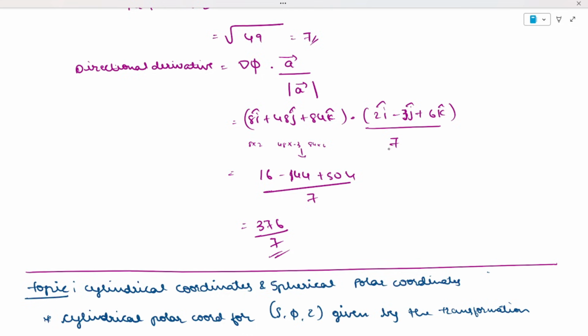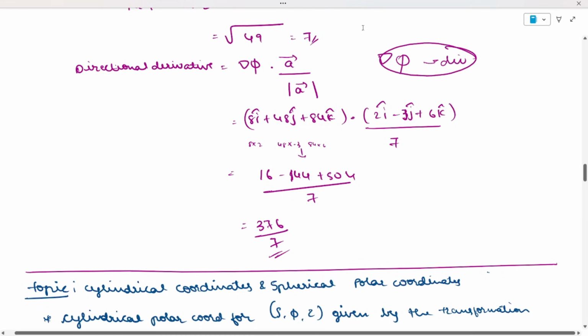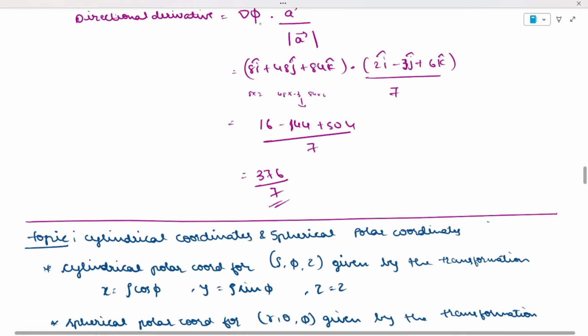Magnitude of a bar we already know, that is 7, and a bar is the vector, along vector, and gradient phi is what we already found out in the previous step, 8, 48 and again 84. Next you will do what, 8 into 2 it will be 16, 48 into 3 it will be 144, 84 into 6 it will be 504.